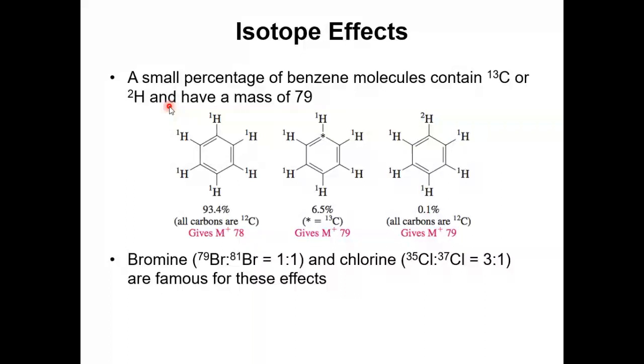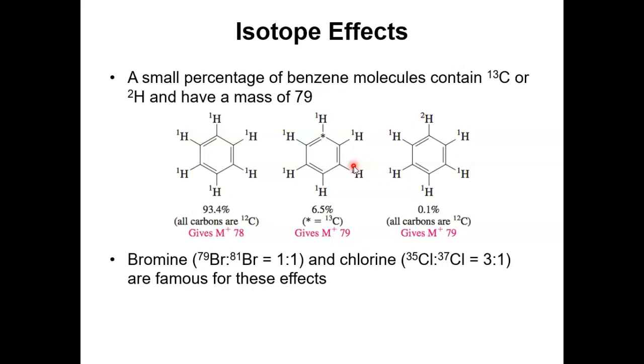But there's about 6% probability that one of the 6 carbons will be carbon 13, because for every carbon, there's about 1% probability of it being carbon 13. Naturally occurring carbon, just pull carbon out of your body, count 100 carbons, probably one of them is going to be carbon 13. And if you look at the 6 carbons, one of them being carbon 13 will be around 6%.